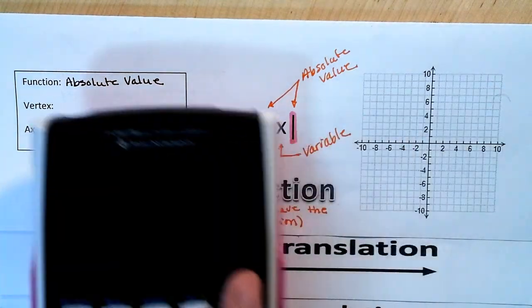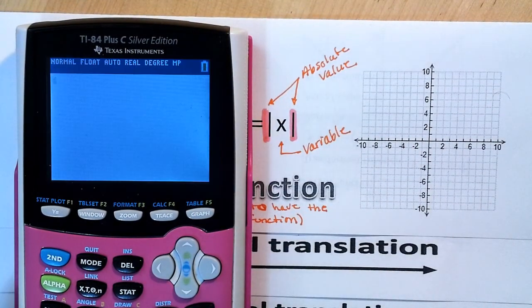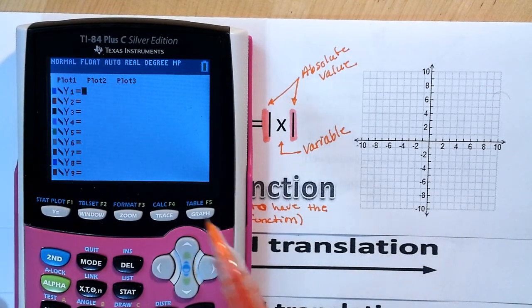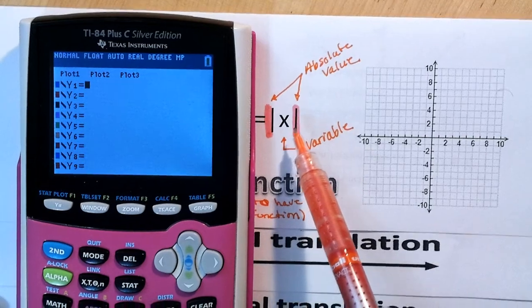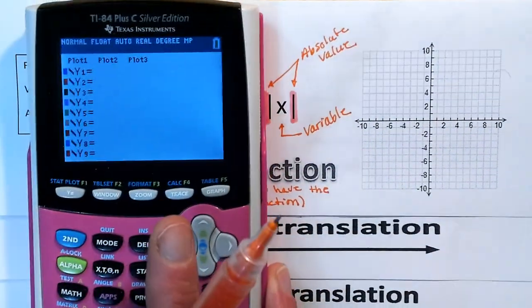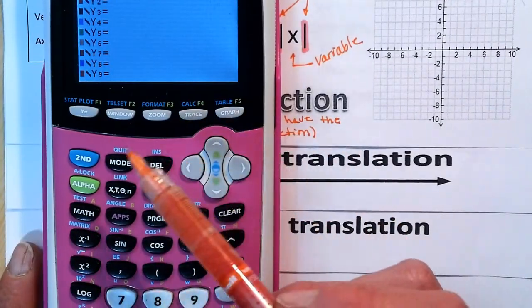So let's go ahead and graph this. We're going to do it via the calculator just to save time. We're going to go to y equals, and we're going to put absolute value of x. So remember I said f of x is the same as y. That's why I can go to y equals. So where's the absolute value?